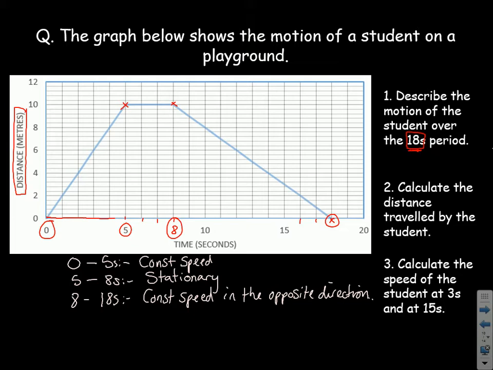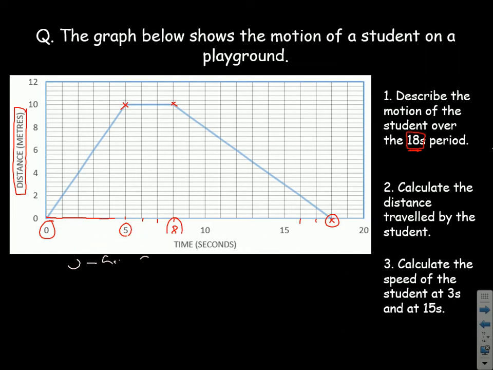So there is a description of the motion of the object, in this case a student. Okay, so number 2, calculate the distance travelled by the student. So how would we calculate the distance travelled on a distance time graph? Well, let's have a look. We start off at 0. The student moves up to 10 meters at this point here, and then they stay at 10 meters, and then we see that they move in the opposite direction all the way back down to 0.